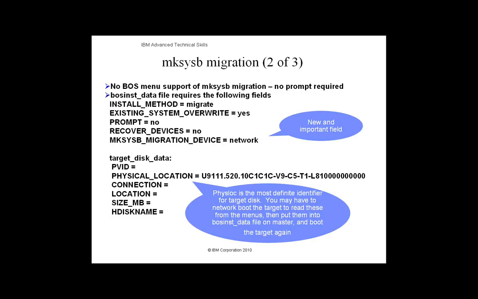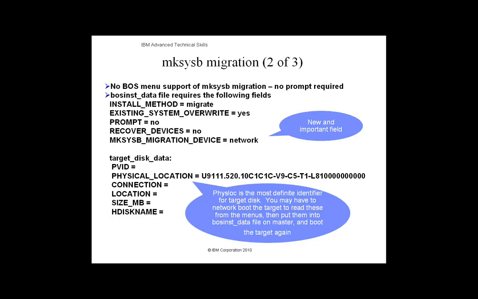Get on the menus to identify these physical locations. When I have those physical locations up on the console, I'll be able to look at them. I'll be able to copy them to the bosinst data file on the NIM master, and then I'll boot the target LPAR again with the bosinst data file. Physical location is the most definite identifier for a target disk. You know you're shooting at the right disk when you do this.